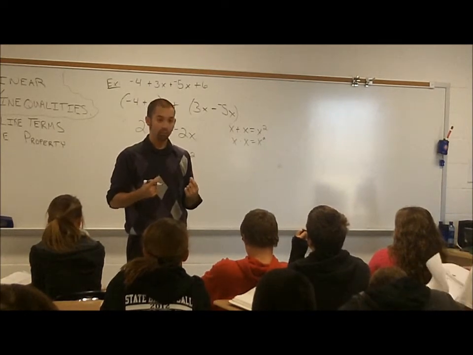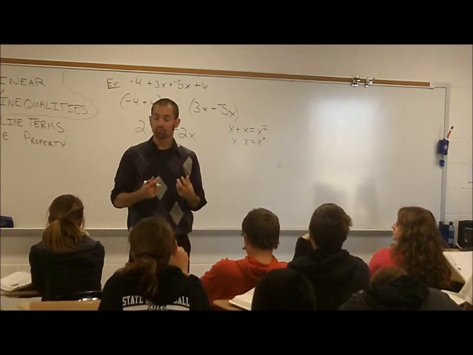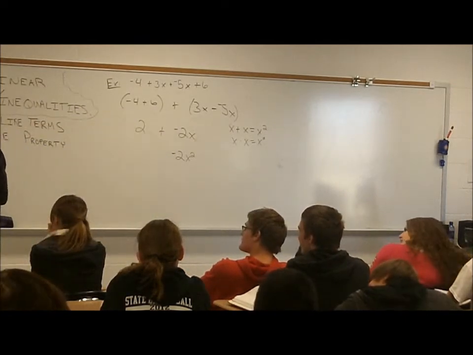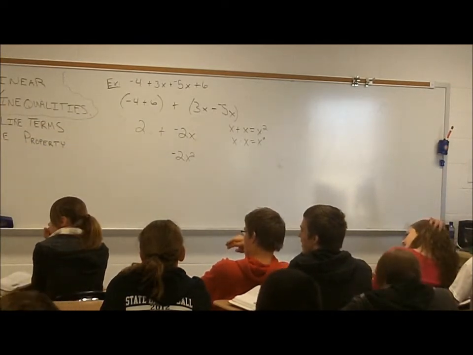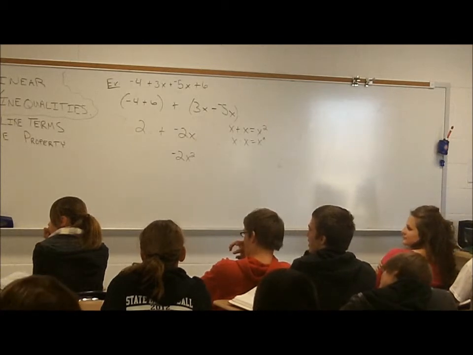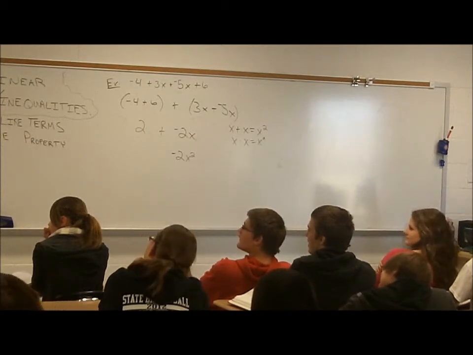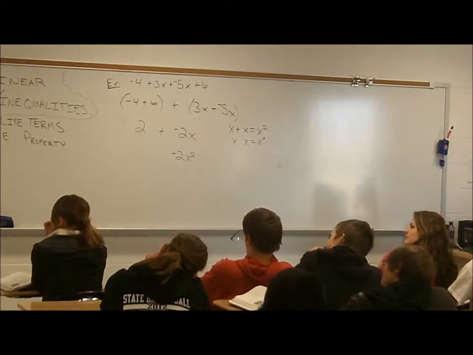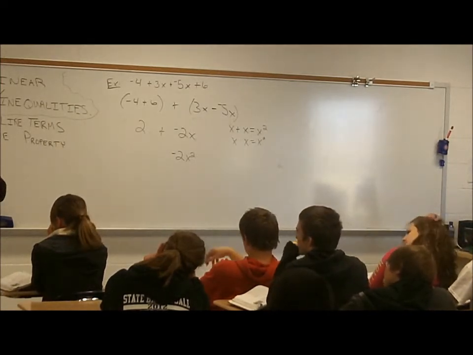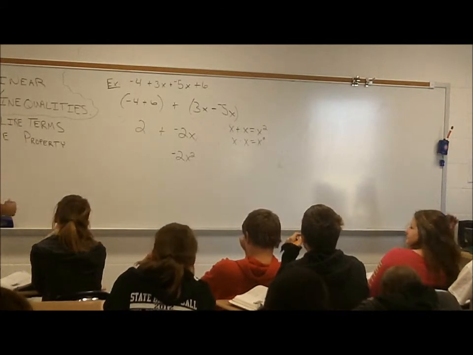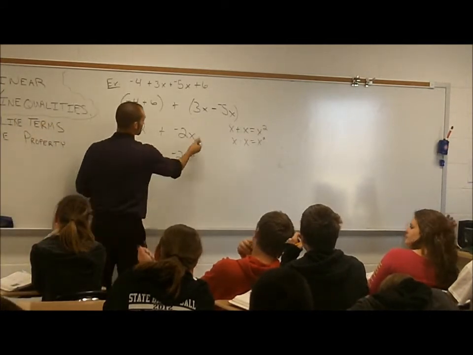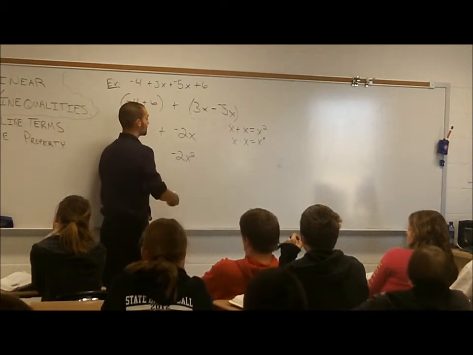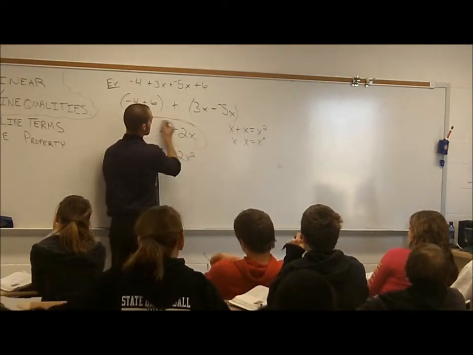Radicals. We added and subtracted radicals, right? And did we add the inside of the radicals? No, we added the outside. So that's why you have the outside, the coefficients. And that's how you get 2 plus -2x.